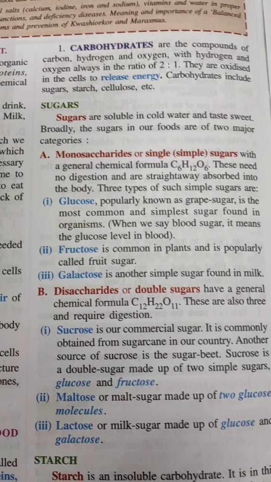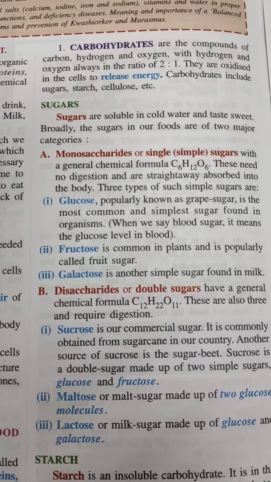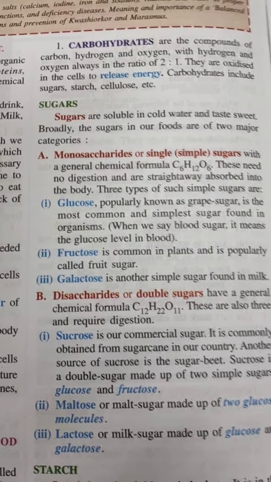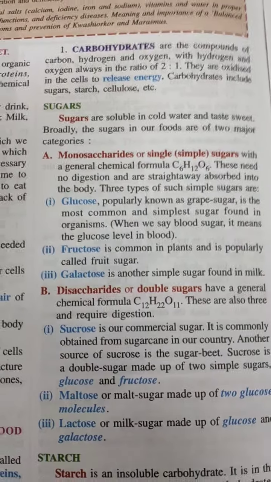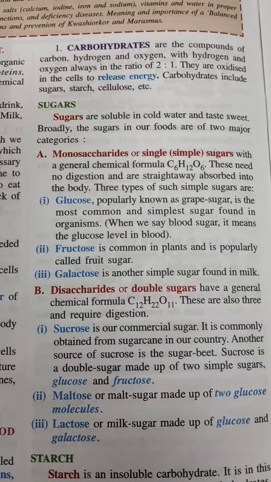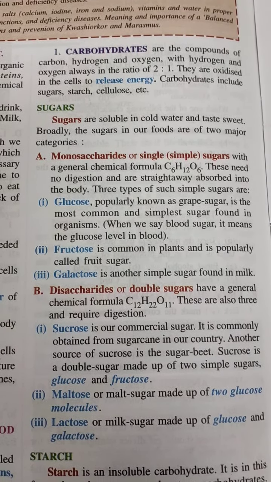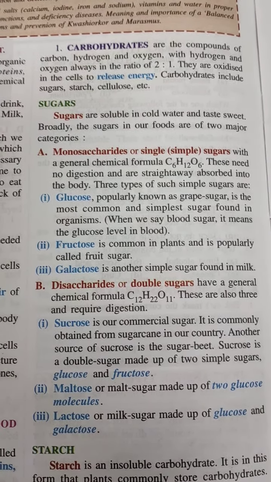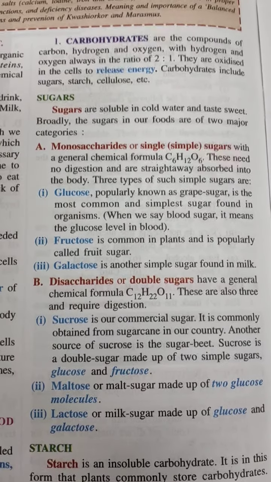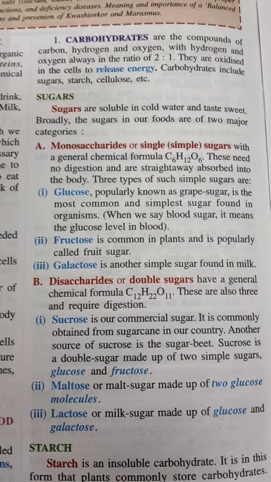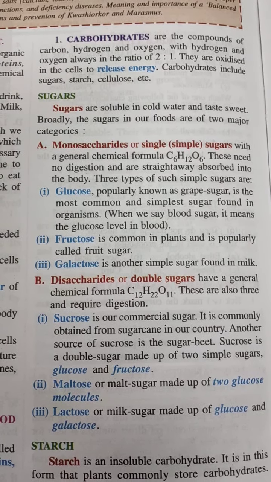Now we'll come to the first kind of carbohydrate that we come across in our day-to-day life, that is sugar. Sugars are soluble in cold water and taste sweet. They have got 2 major categories. One is monosaccharides, another is disaccharides. Now monosaccharides are the simple sugars with a general chemical formula C6H12O6.